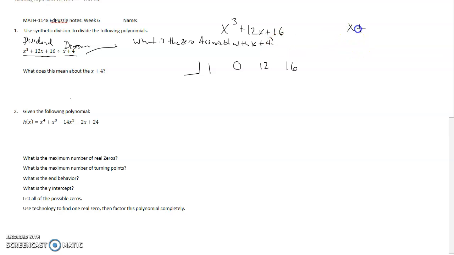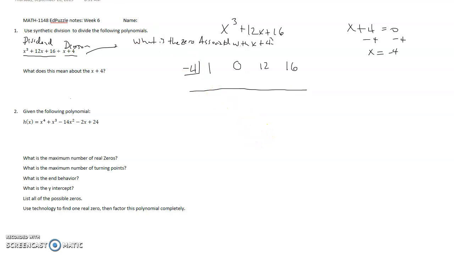Well, how you find the 0 associated with x plus 4 is you set it equal to 0, and we find that we get a 0 of -4. So we're actually going to put a -4 in the box here. Now we're going to leave some space, and we're going to draw a line.